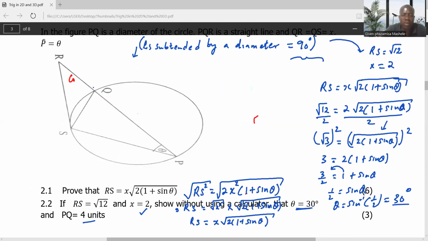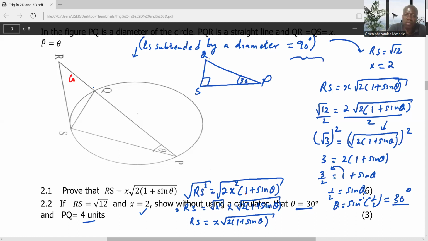PQ is in this triangle. I think we have all the information, guys. Let's first identify the triangle where we have PQ. There is 90 at S, that's Q, there's P, and here we just got this angle theta is 30 now.